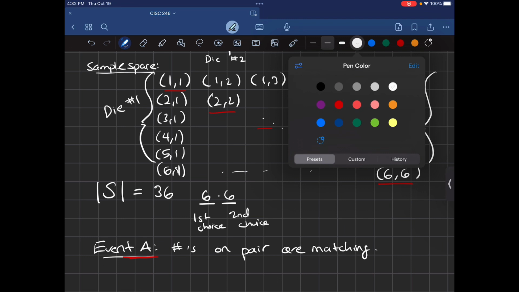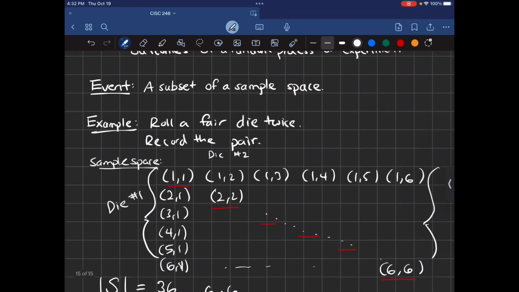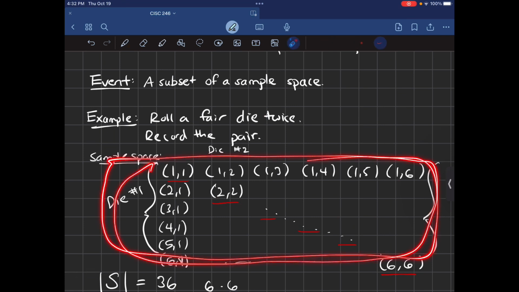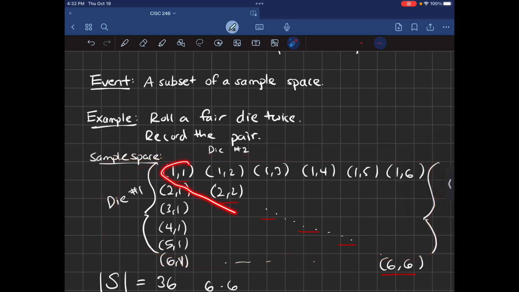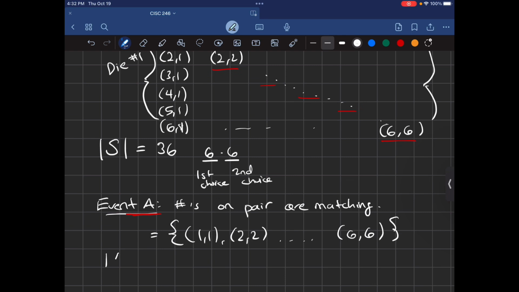So A is a subset of our sample space, just as I defined above. So we have this larger sample space, that's the set of all possible outcomes, and then an event is just a subset of it, so a smaller piece of it. Listing out that set, it's 1,1; 2,2; all the way to 6,6. And the size of that set is 6.